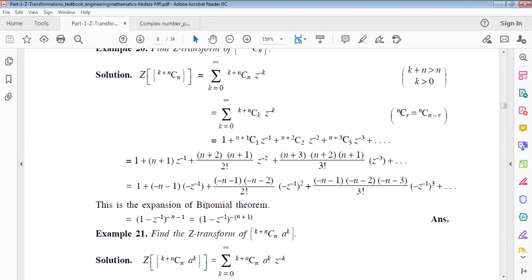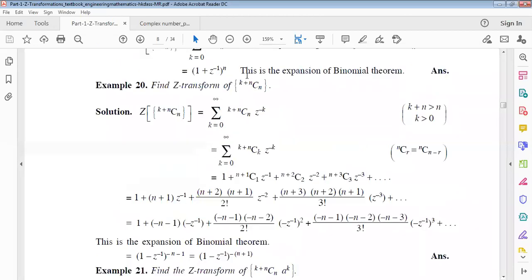Then this is the expansion of the binomial theorem of 1 minus z to the power minus 1, whole to the power minus n, minus n minus 1. This is the expansion of the binomial theorem of this series. So this is actually the representation of the Z transformation of the given sequence. Understand?